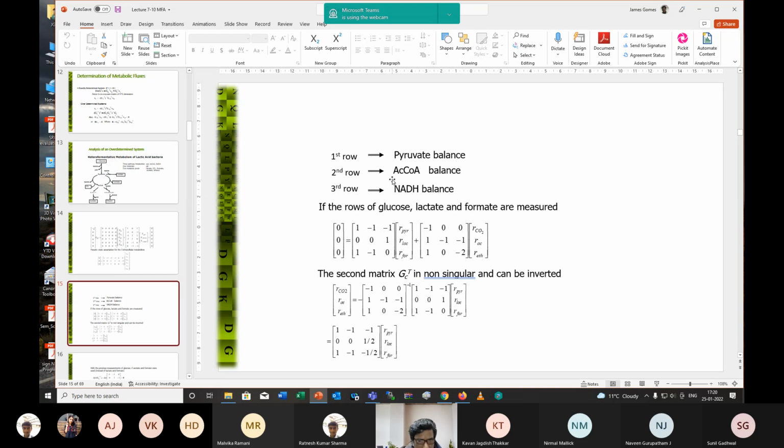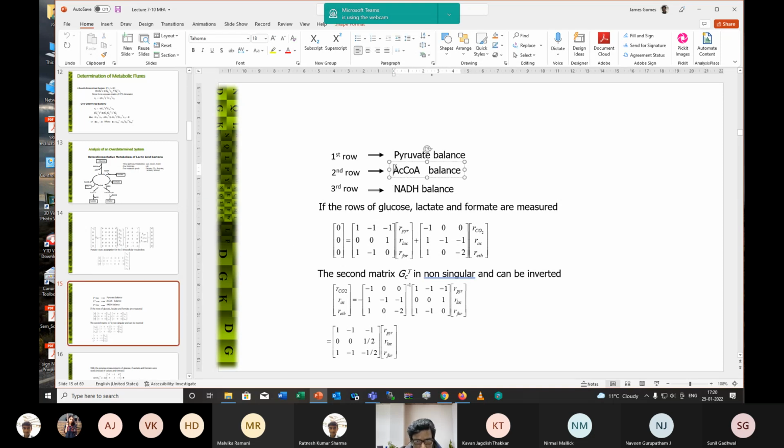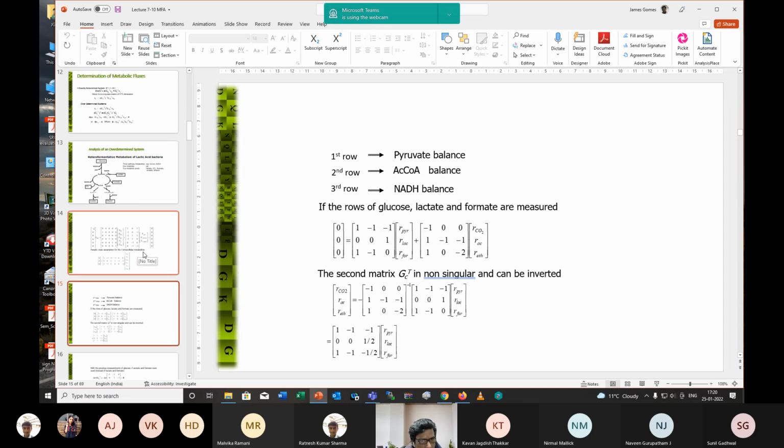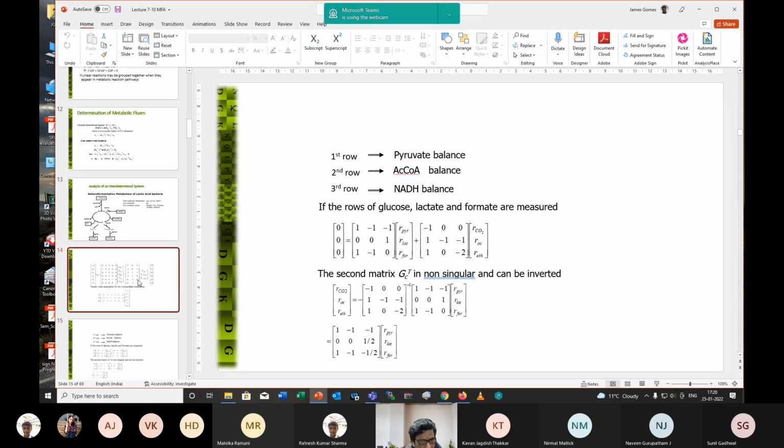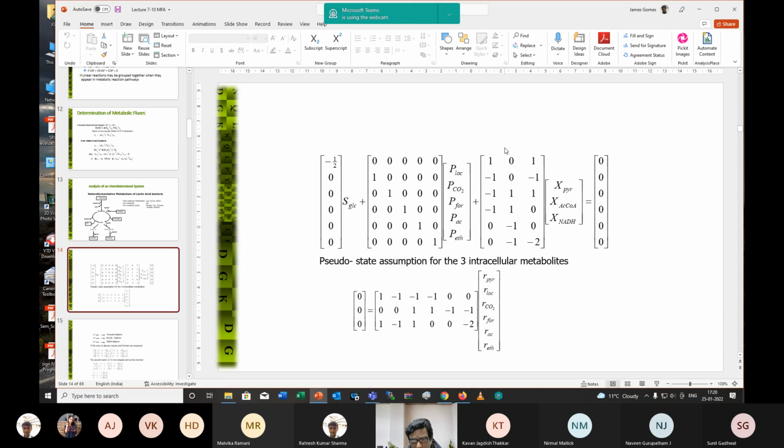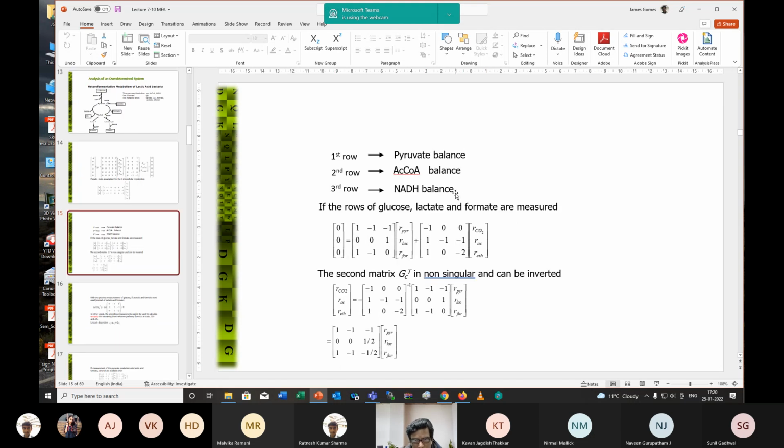I made a mistake here. This full row is this one. The first row is the pyruvate, and this last row is the NADH. So the balances are shown there.